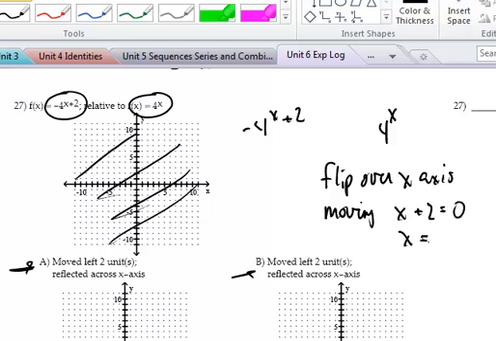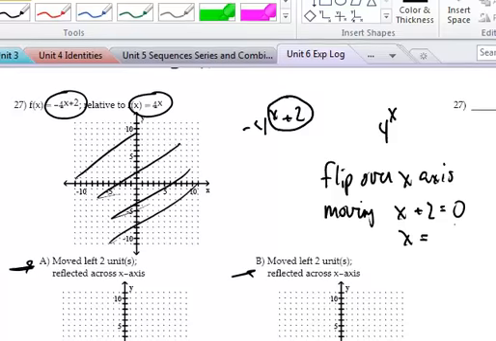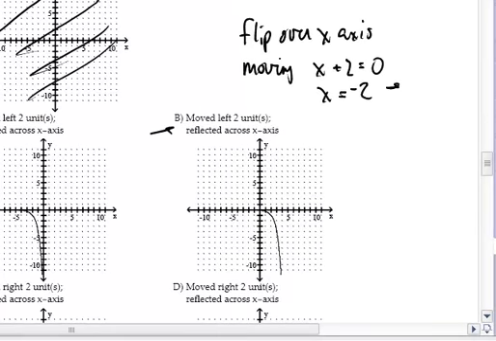You just set the inside term or exponent equal to 0, and here we find that we went left 2. Okay, so I'm looking for flipped over or reflected over the x-axis, left 2, and that would be choice B.